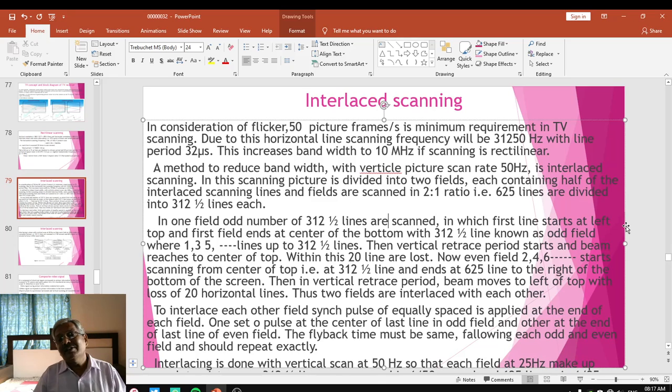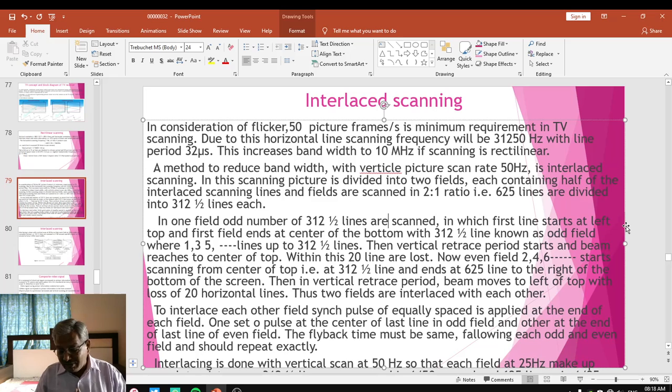After that, again vertical retrace begins from the right of the bottom of the screen to the left of the top of the screen, within which again 20 lines are lost. Both the even field and odd field are interlaced with each other.